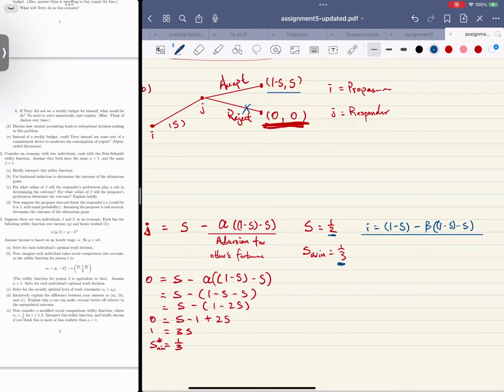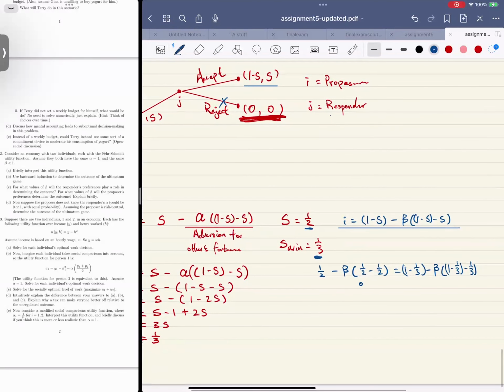So you will have 1/2 minus beta of 1/2 minus 1/2 equals, oh no, that's not 1/3, that's 1 minus 1/3, minus beta of 1 minus 1/3 minus 1/3.